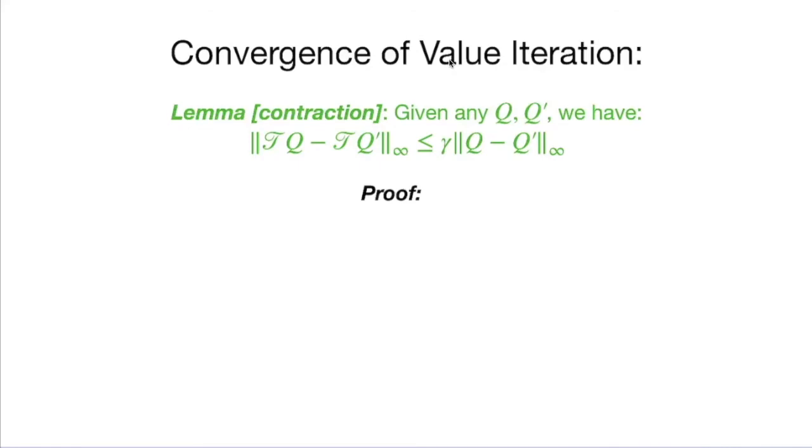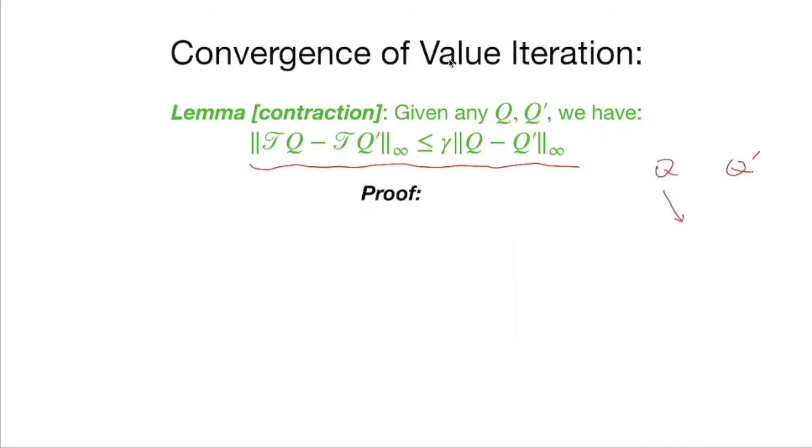Then I calculate the difference between the two outputs, compare it to the difference between the two inputs, and I want to show that the difference between outputs is strictly less than the difference between the two inputs. So we want to show that we start from Q and Q prime, both of them elements of this SA-dimensional space.